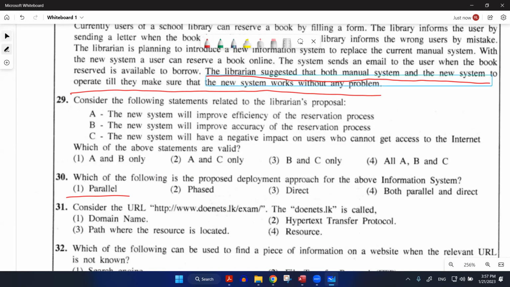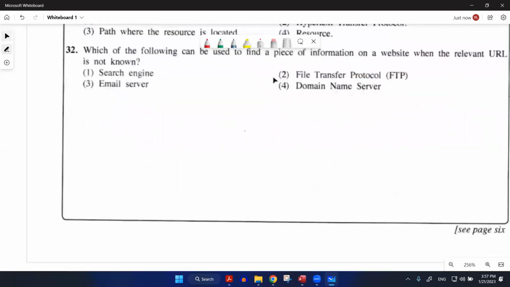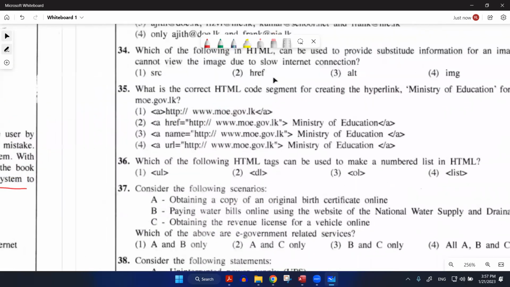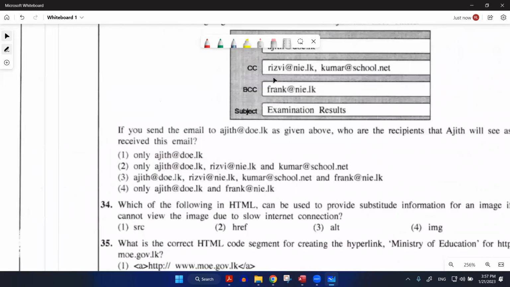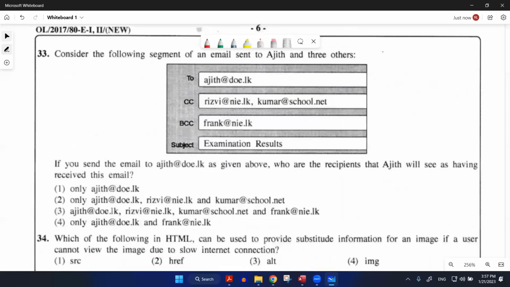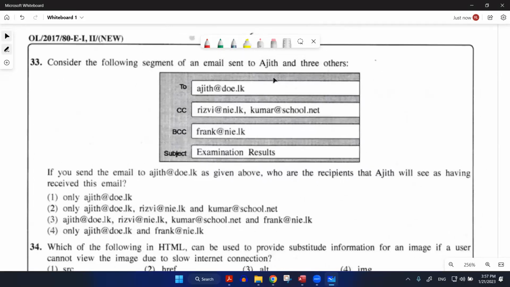33rd. Let me check the 33rd. Oh, it's on this side. 33rd. Is it something HTML? Okay, it's regarding the emails. So it says consider the following segment of an email sent to Ajit and 3 others. Ajit is the main recipient, Rizvi is taken as the CC, that means the carbon copy, and the BCC is taken as Frank.